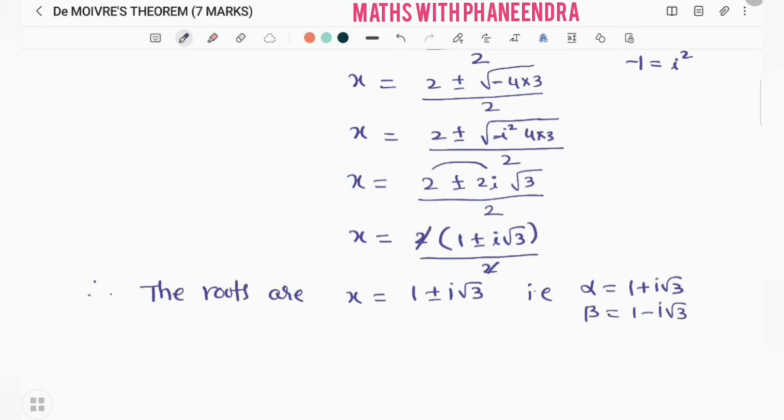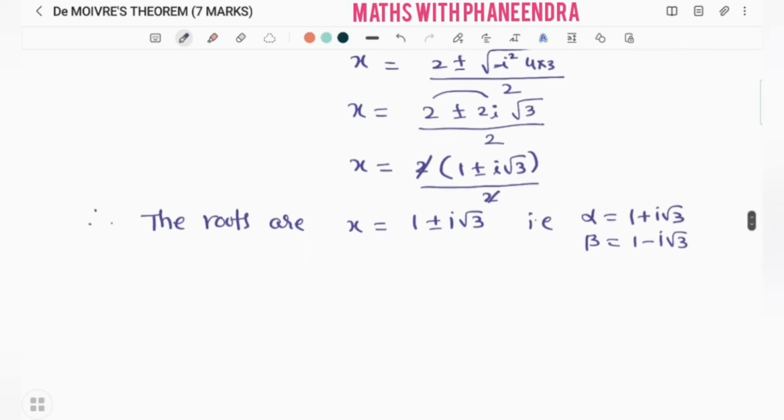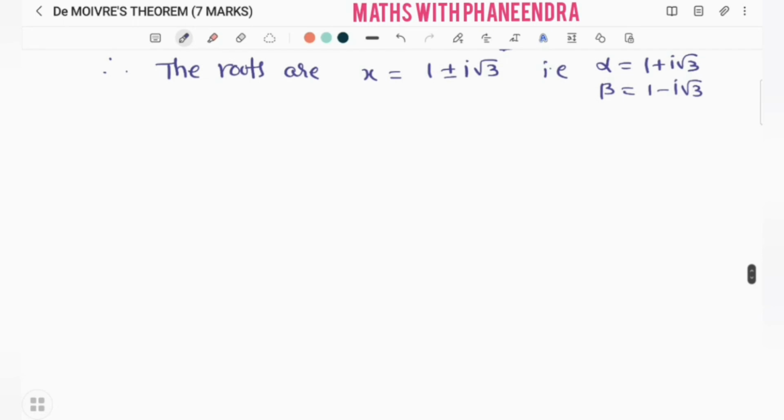After finding the roots, 1 plus i root 3 is a complex number. So we need to convert these complex numbers into modulus amplitude form, mod amp form or polar form. So now consider 1 plus i root 3. It is in the form of x plus iy.